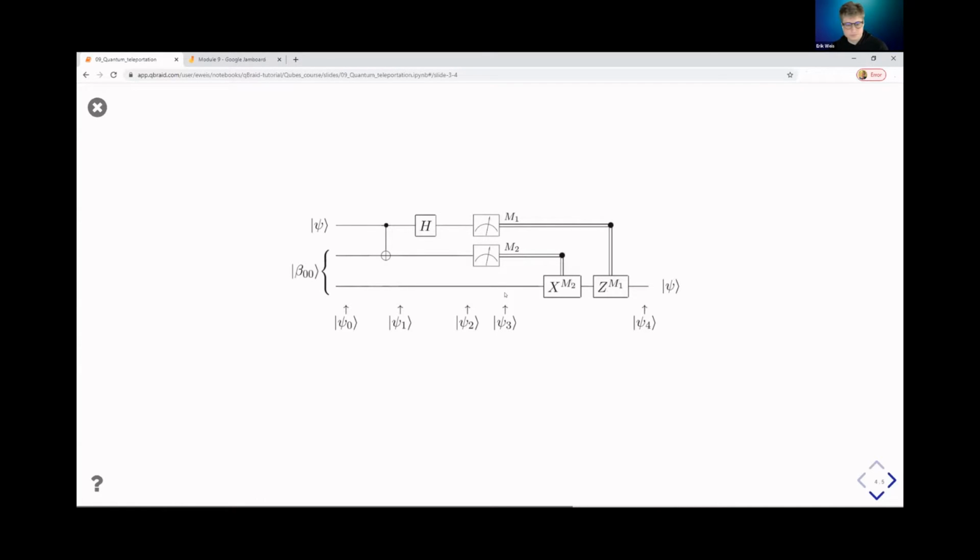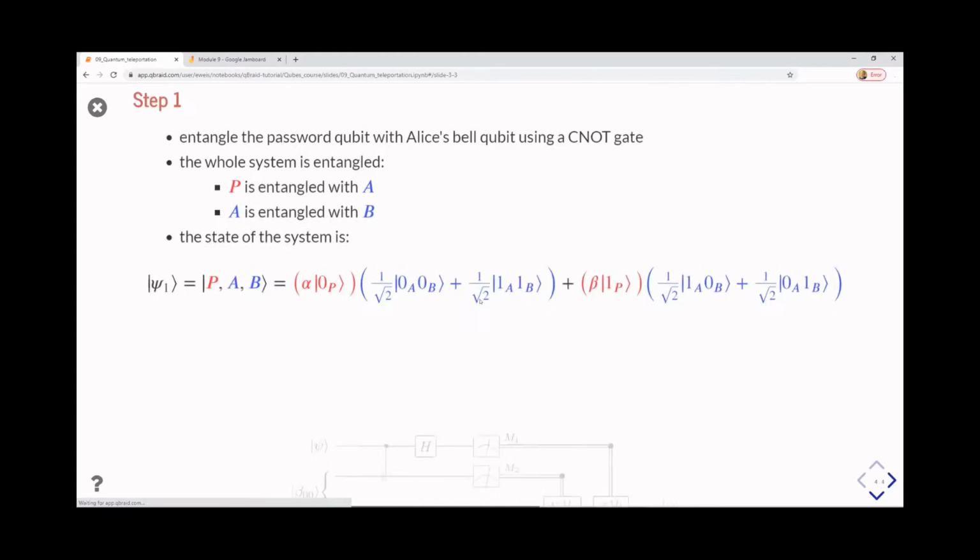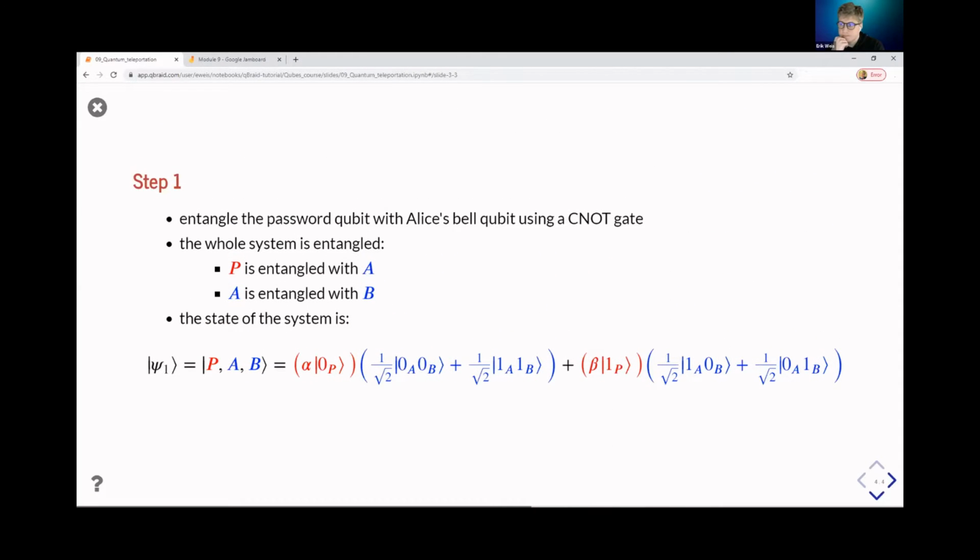Yes. Let me ask you a question. Go back to that last slide if you wouldn't mind. When Alice entangles her qubit with the password qubit, wouldn't that act as a measurement and collapse Bob's qubit? That's a good question. So no. An entangling gate, the CNOT, is what we would call an entangling gate.